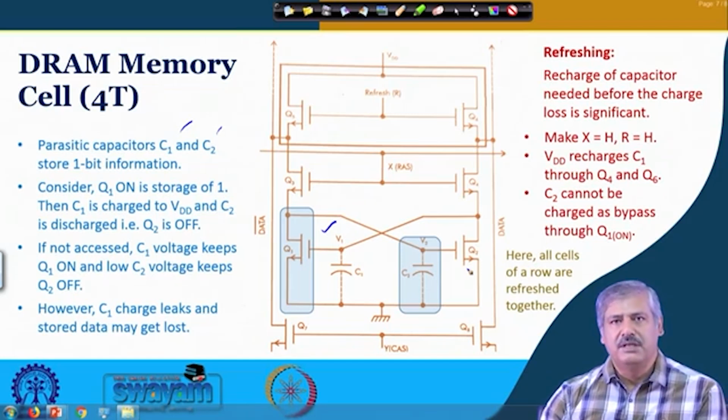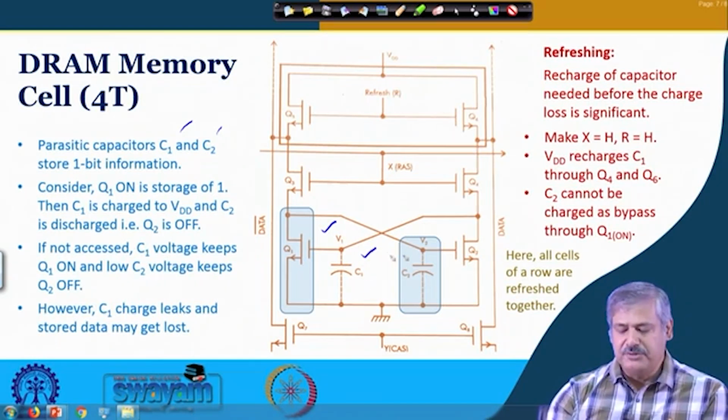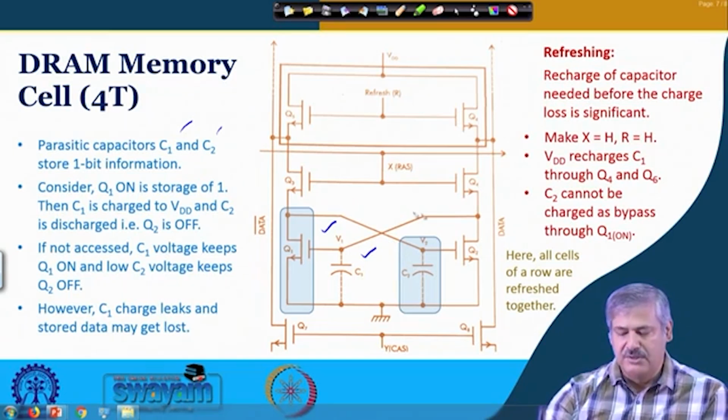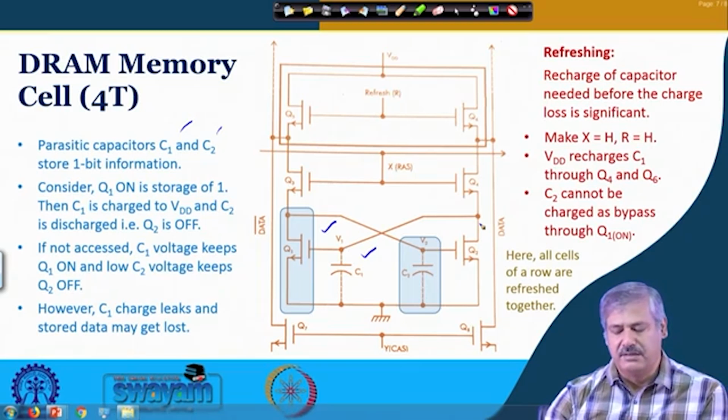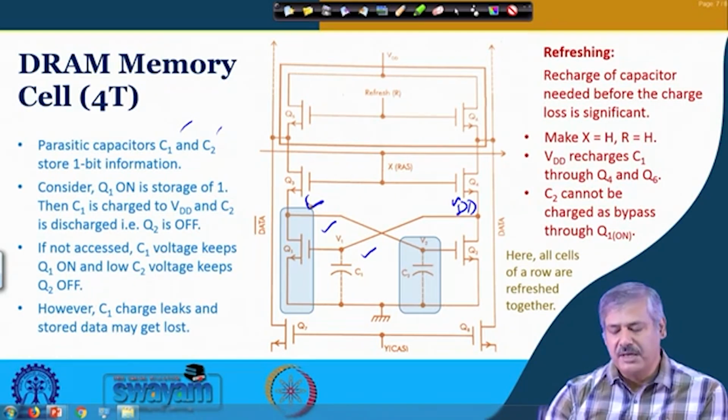That is the nomenclature we are following. At that time, C1 is charged to VDD by some mechanism. These data lines we shall see during the writing process, how it happens. So this is charged to VDD, this is on, and at that time this is charged to a low value.